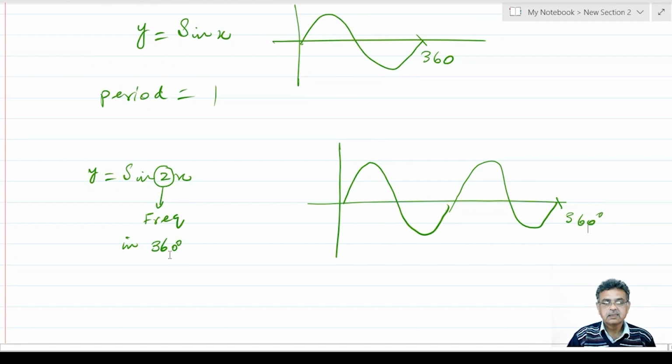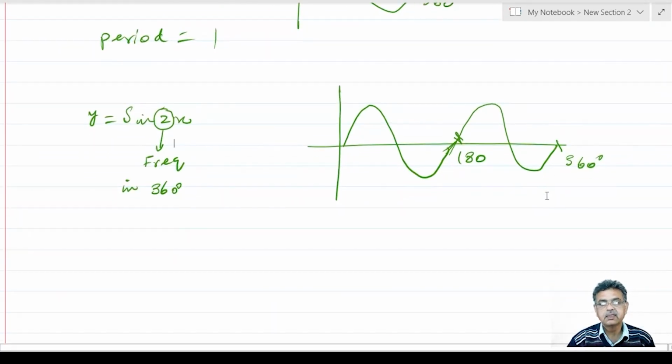If there are two cycles in 360 degrees, then one cycle is completed in 180 degrees. So its frequency is 2, and its period is within 180 degrees.